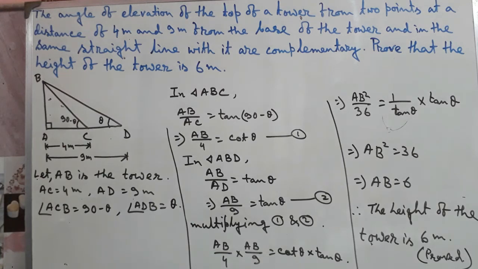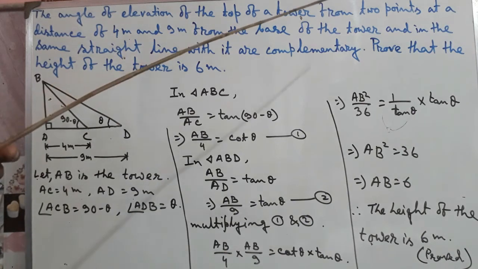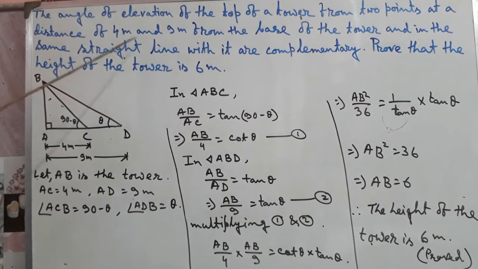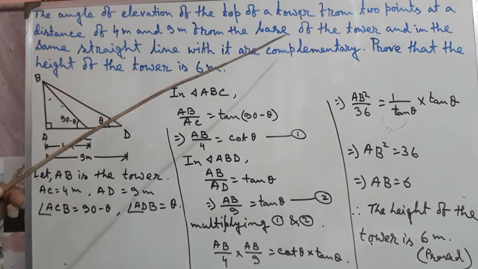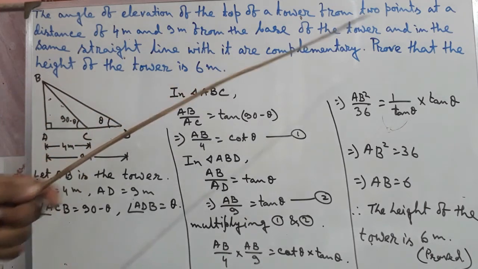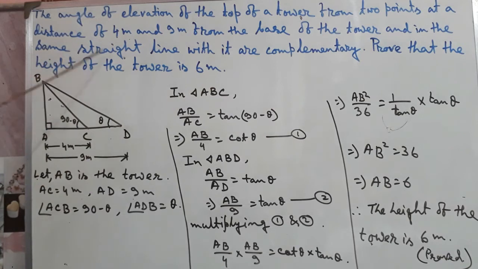Another problem: the angles of elevation of the top of a tower from two points at a distance of 4 meter and 9 meter from the base of the tower and in the same straight line with it are complementary. So if one angle is theta then the other angle will be the complement of theta, that is 90 minus theta.